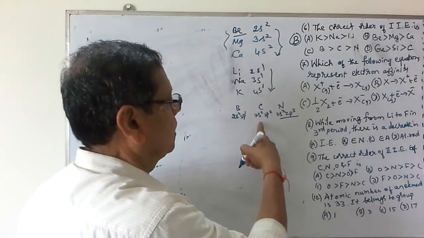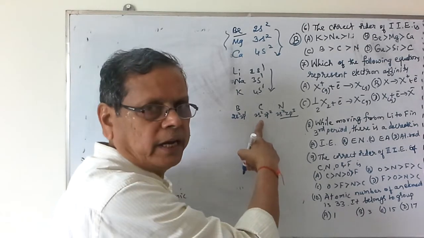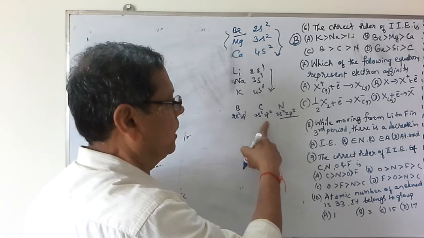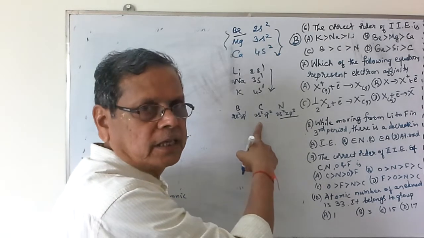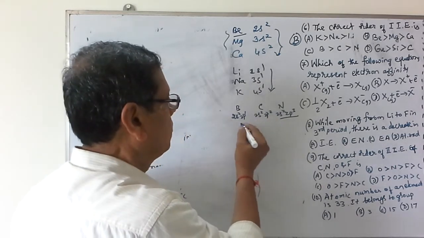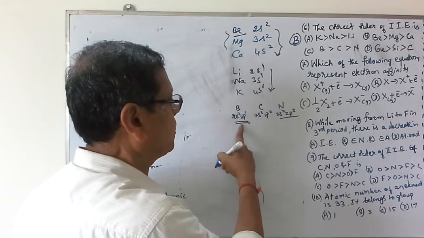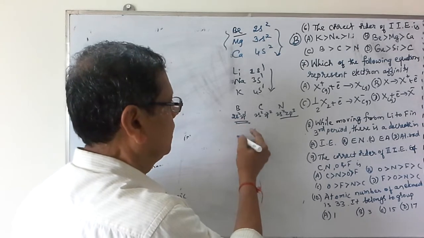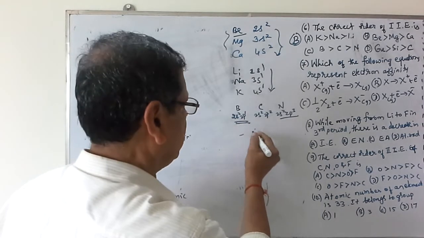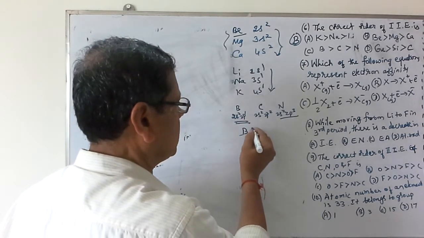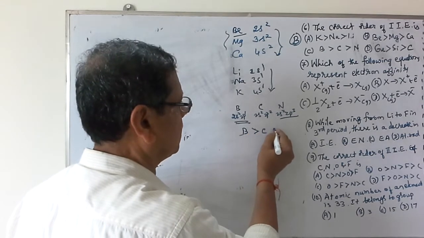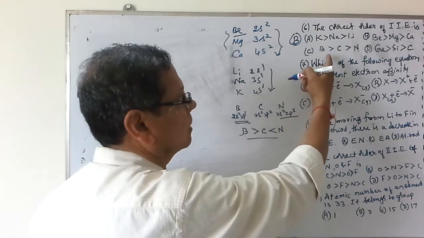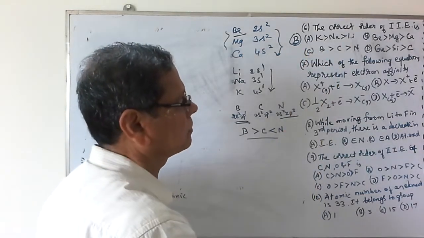Compared to that, carbon has lower ionization energy because it has nuclear charge 6, 2s2, 2p2. But compared to boron, carbon has more electrons in the p subshell. Boron has higher ionization energy than carbon, but carbon has lower ionization energy than nitrogen. That should be the correct answer. But C is not correct.